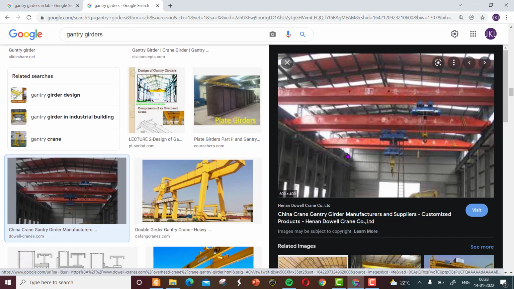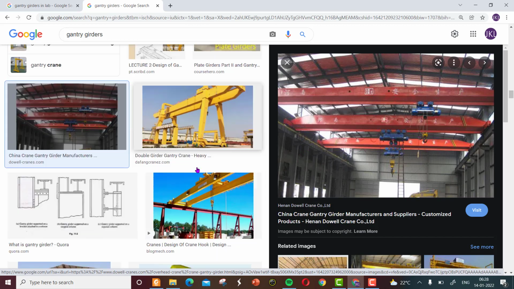These are called the main crane bridges, supported on the columns on the left side and right side. Between these two columns is the span of the gantry girder.